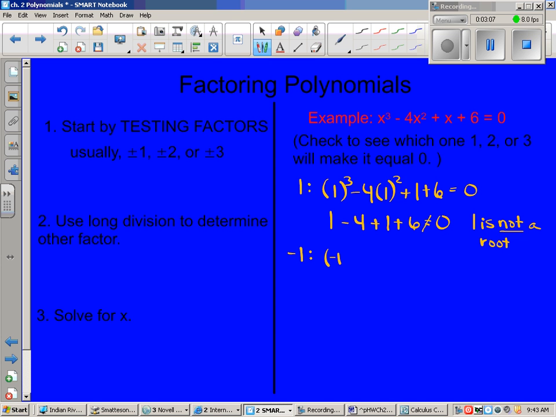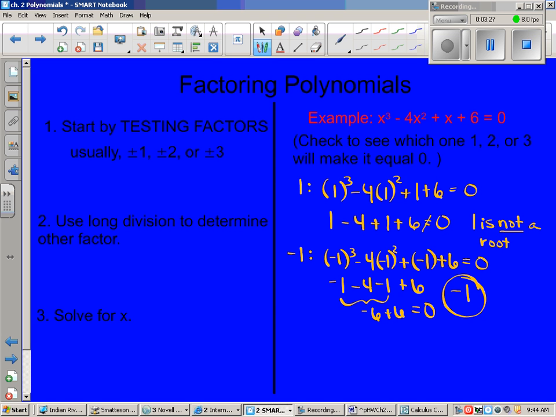So -1 cubed minus 4 times -1 squared plus -1 plus 6 equals 0. It gives me -1, gives me -4, it gives me -1 plus 6. And sure enough, that gives me -6 plus 6, and that does equal 0. So that means -1 is a root.